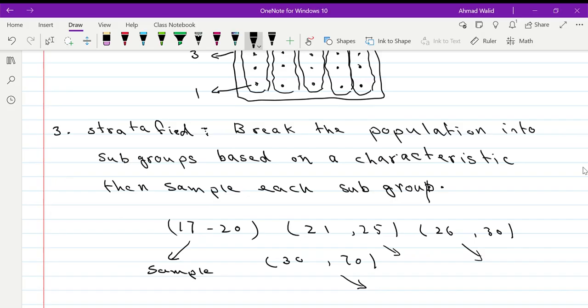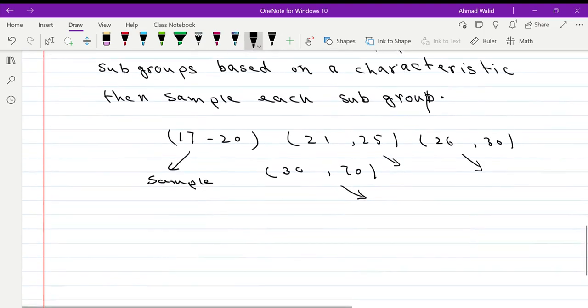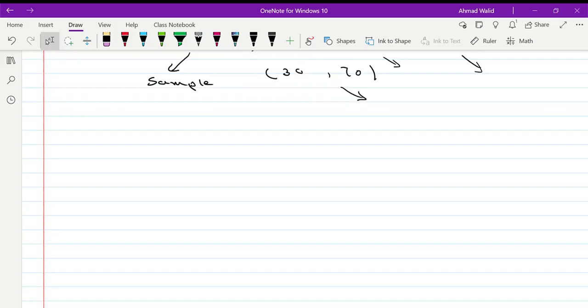Our Spanish community, our white community, our Muslim community, somehow based on a characteristic, you can divide your population. Then select what? A sample from each group. This type, we call it stratified, correct?